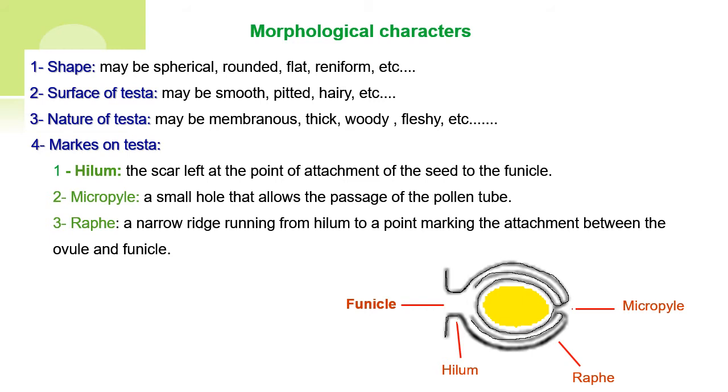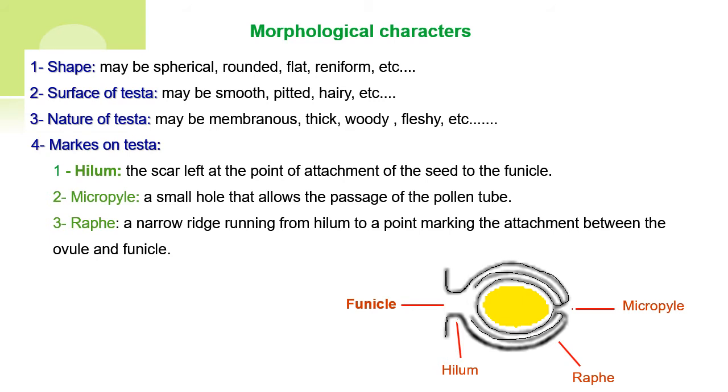Micropyle, the second scar or second mark, is a small hole on the top or upper part of the ovule, marking the passage of the pollen tube containing the pollen grains to fertilize the ovule.